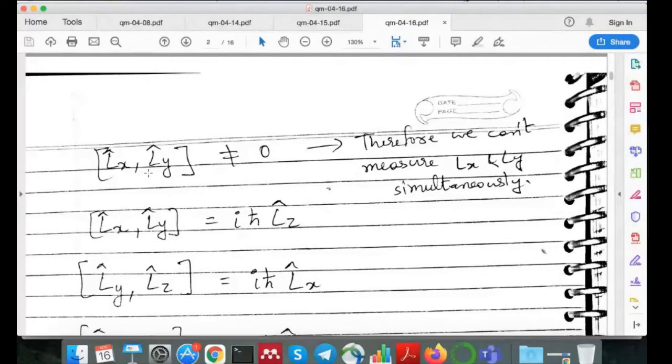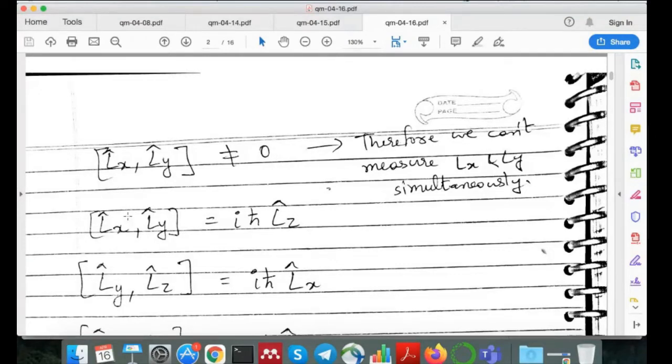So there will be an uncertainty principle that it follows: delta Lx, delta Ly should be greater than or equal to ħ by 2.